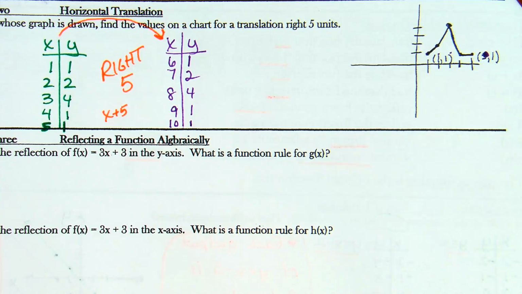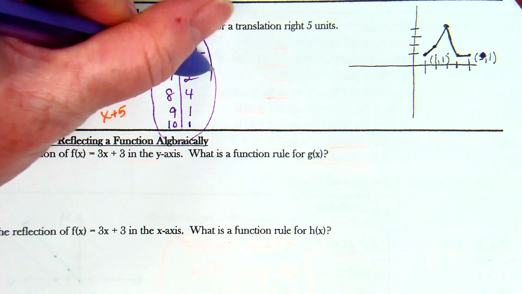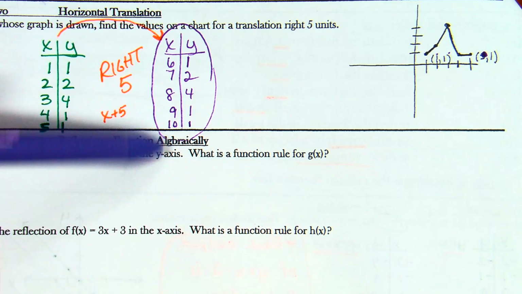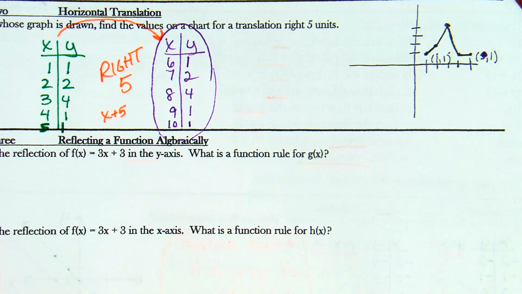So all I want you to get out of this is, when you move the graph left or right, what's the only thing changing? It's just the x values, isn't it? Now, I know in my morning class there are some people saying, wouldn't we be subtracting 5? Because when you look at the equation, it talks about doing the opposite.